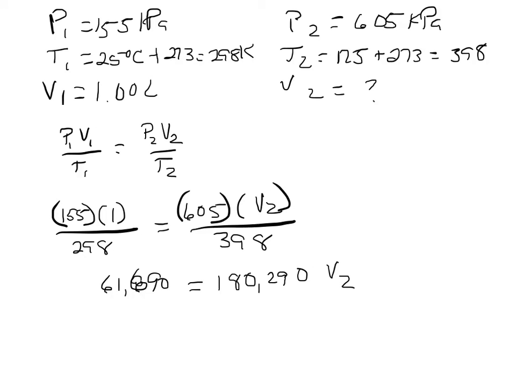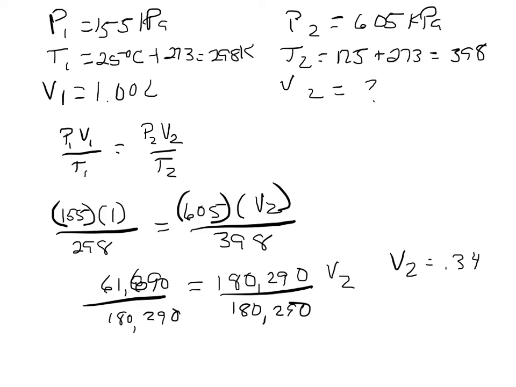Solving for V2, I'm going to divide both sides by this 180,290. 61,690 divided by 180,290, and I get V2 equals 0.34, and we're talking about liters.